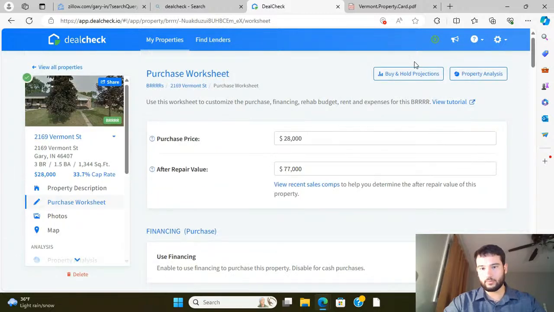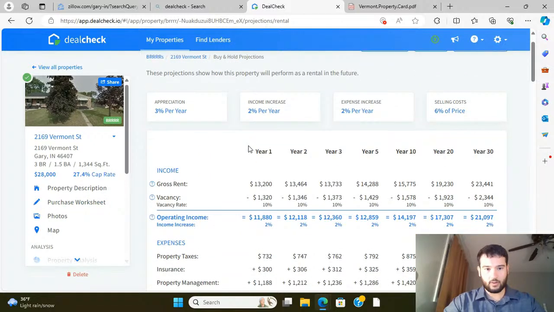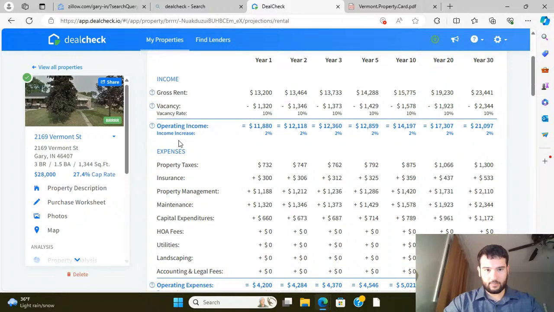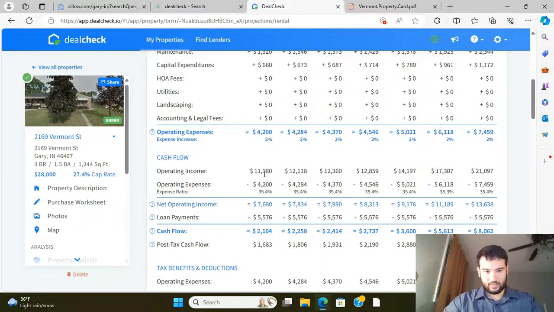Okay, let's see. Okay, so operating income, gross rent, vacancy, operating income after your expenses. Let's see your cash flow.